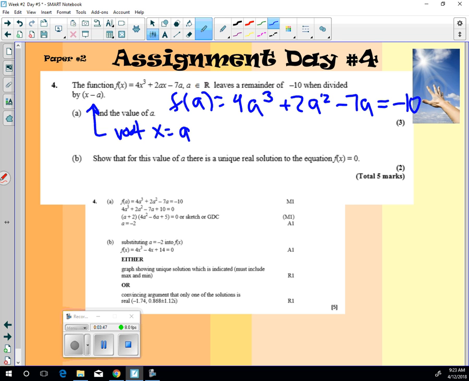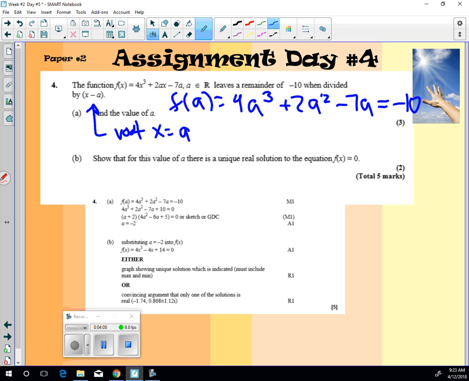Negative 10. Yep. Called the remainder theorem. Stick in the root, get the remainder. They're telling you if you put in this a, you're going to get a remainder of negative 10.